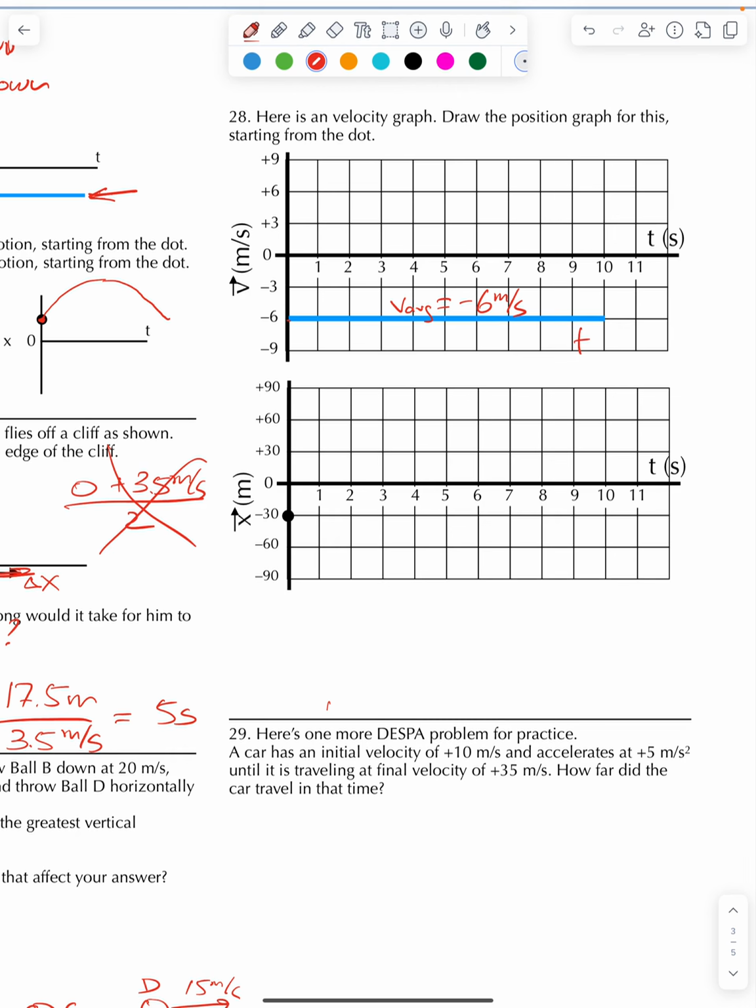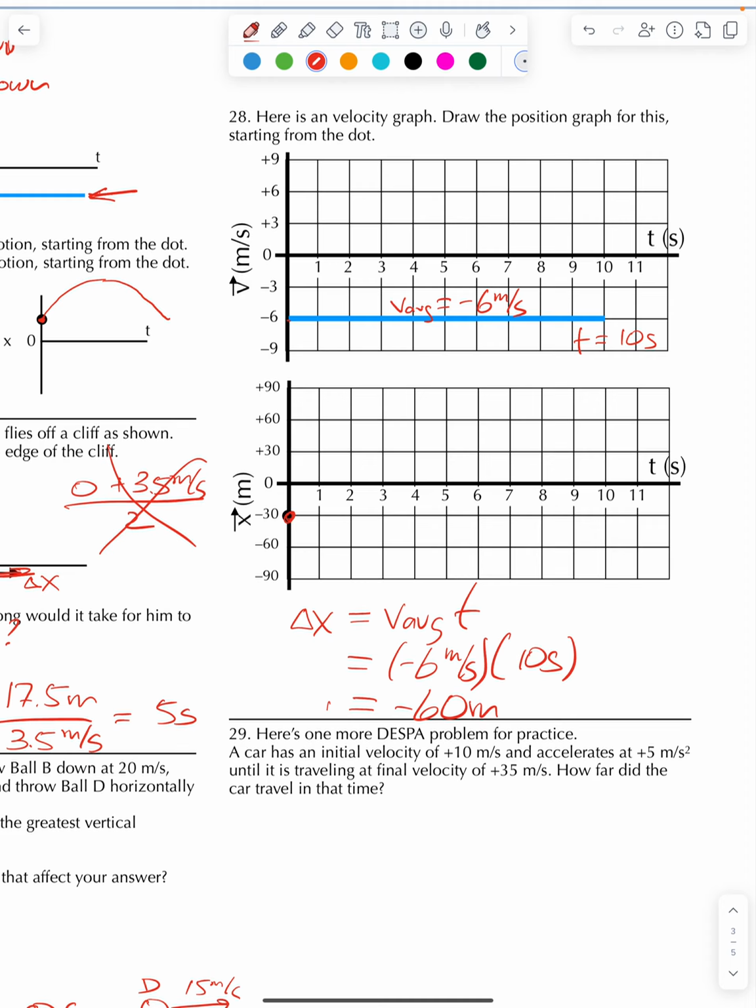So the average velocity is -6. And what's the time? 10 seconds. So I need to draw a position graph starting at this position. I want to know what the change in position will be. So delta x, the change in position, is the average velocity times the time. So that's just -6 meters per second times 10 seconds. It's going to change by -60 meters.